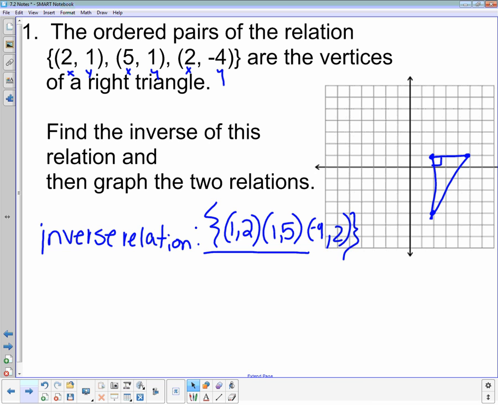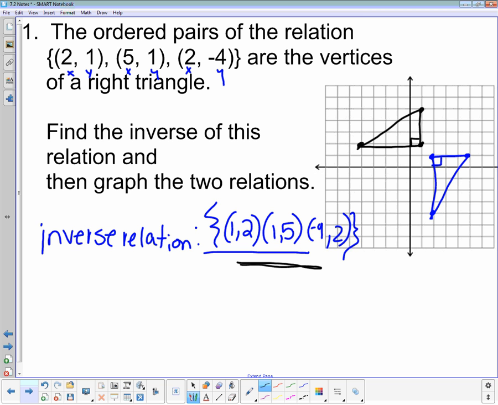Then if we graph the inverse relation, we go over 1, up 2, then over 1, up 5, and then over negative 4 and up 2. This is our inverse relation, a right triangle.